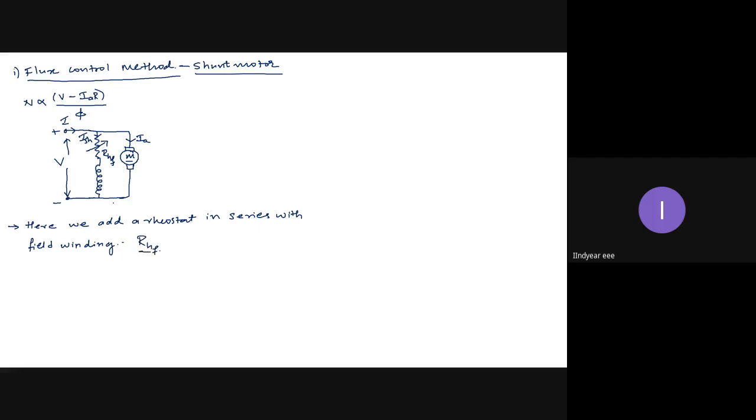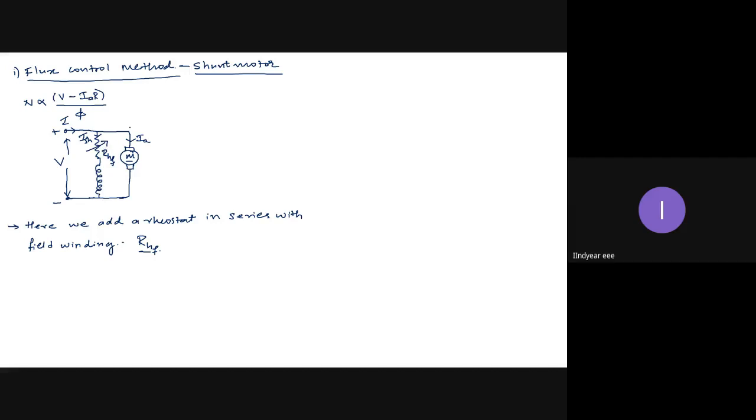This method we many times used in our practicals in the previous semester. When you were conducting generator experiments, you adjusted the speed to the rated value by varying the field rheostat of the motor. So there you did the flux control method of speed control. This is the same rheostat that we are talking about now.